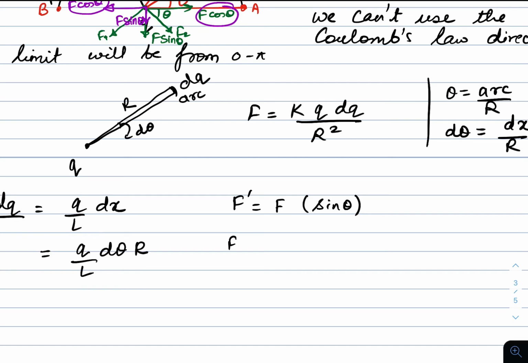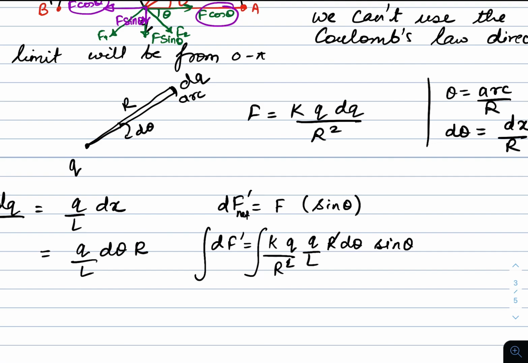Now substituting the value, F dash, the net force, is K Q dq, where dq is Q by L R d theta, sin theta divided by R square. One R gets cancelled out. This is dF, right?